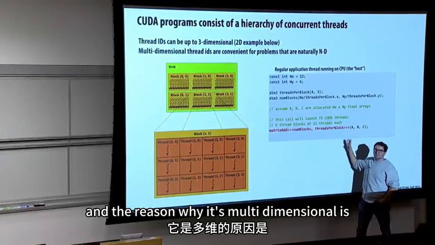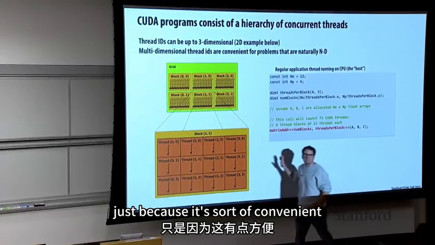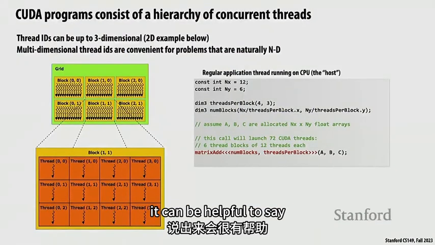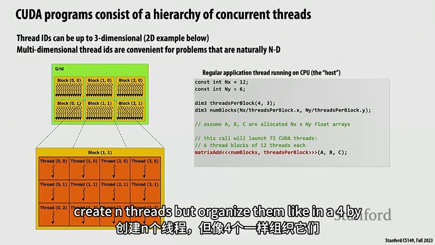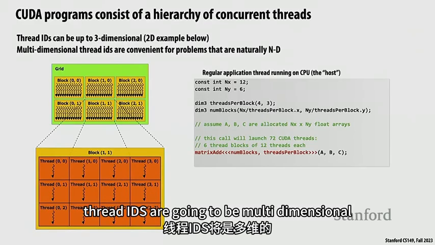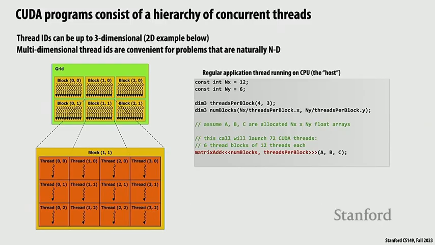The reason it's multi-dimensional is just because it's convenient for graphics and tensor operations. It can be helpful to say, create n threads, but organize them in a 4x3 grid or something like that. Okay, so in other words, thread IDs are going to be multi-dimensional.